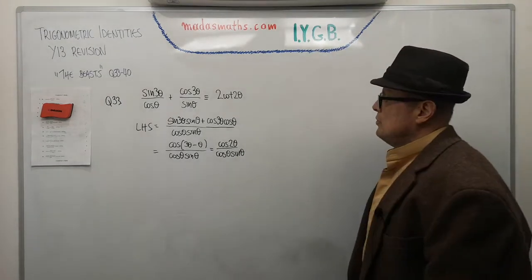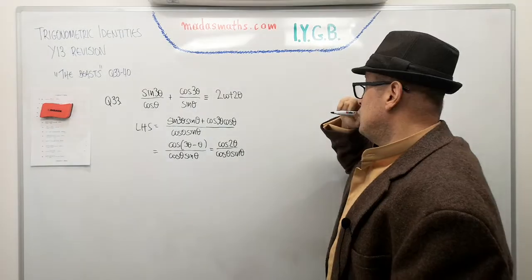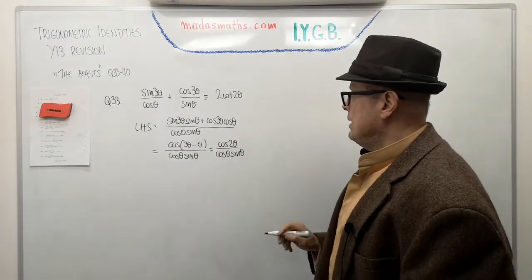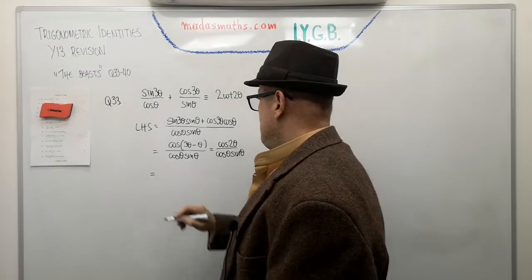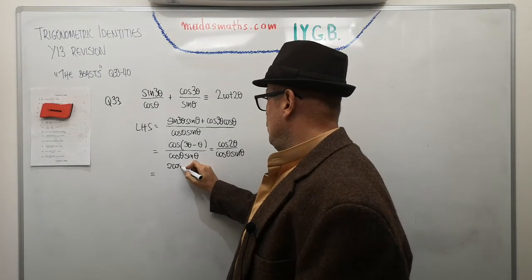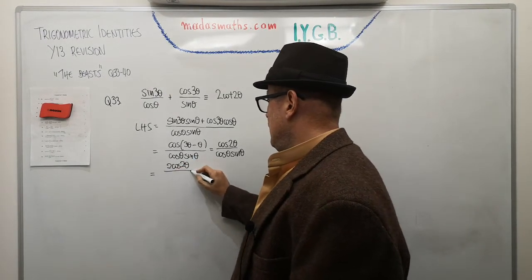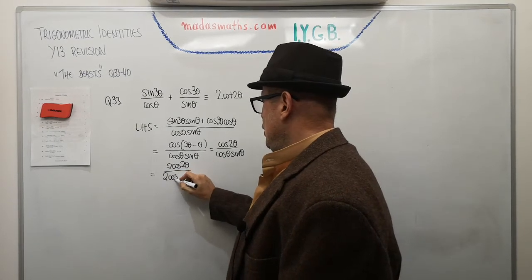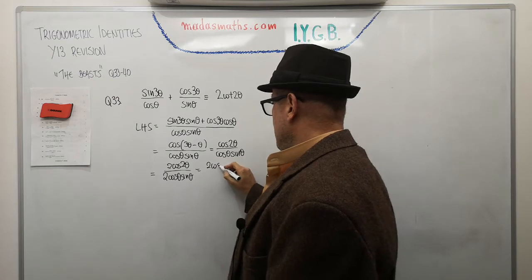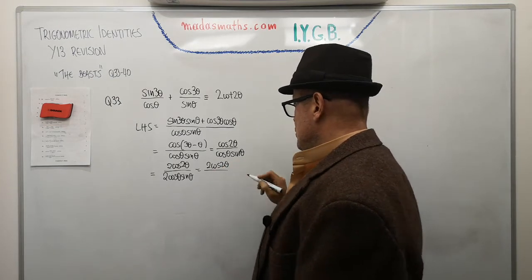What's our target? We need to see what we're heading for. That's the top of the cot there. So we just need to manipulate the bottom: multiply top and bottom of the fraction by 2. So we get 2 cos of 2 theta divided by 2 cos theta sine theta, which is another identity we should recognize.